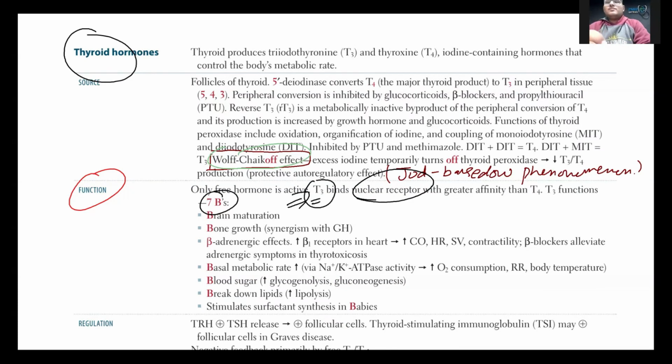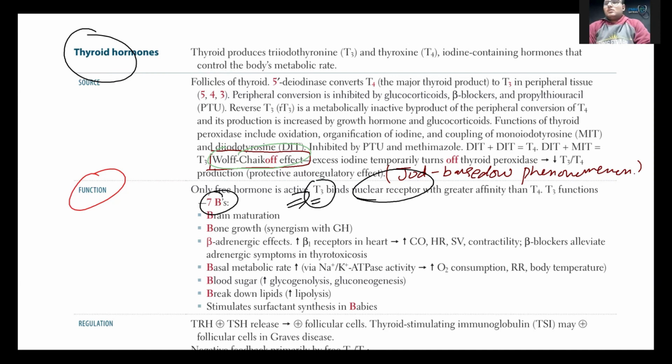They will ask which has more affinity and greater effector response, that is T3 as compared to T4. Which is the more active form? T3. Which has the highest concentration and volume? That is T4, but the active one is T3, with more affinity for the nuclear receptor.